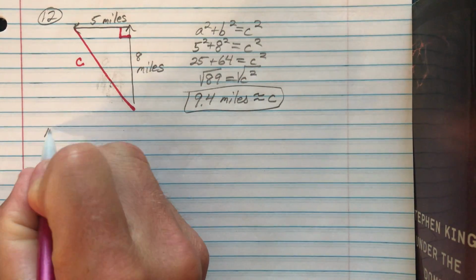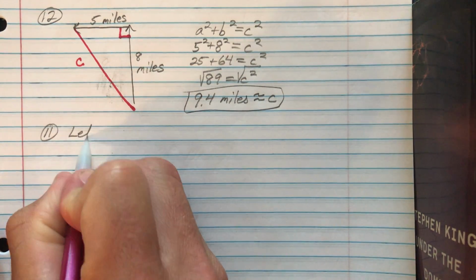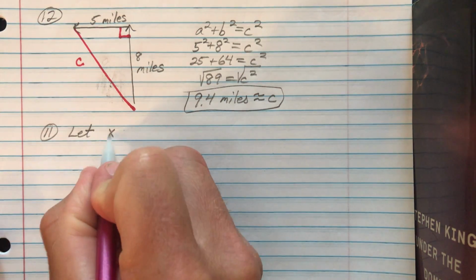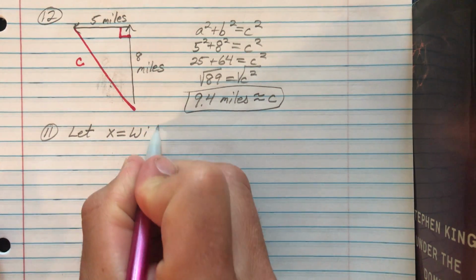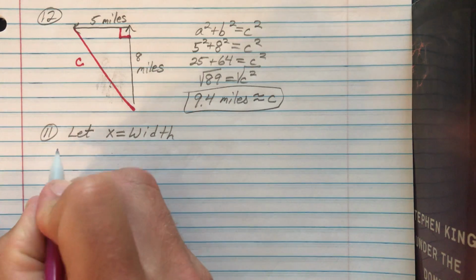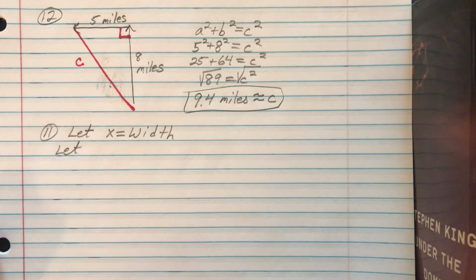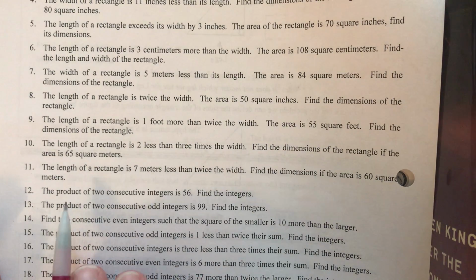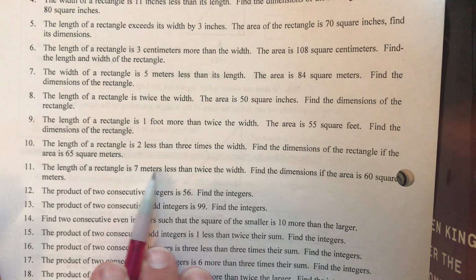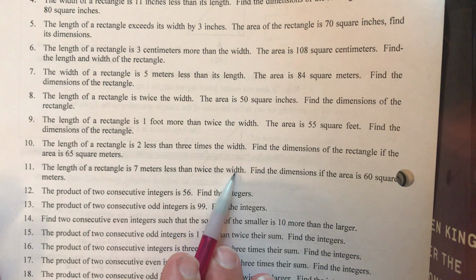So in this question, we should make some let statements. Let's let x equal the width, because we know nothing about it. And then if we read that first sentence again, it says the length is 7 meters less than twice the width.